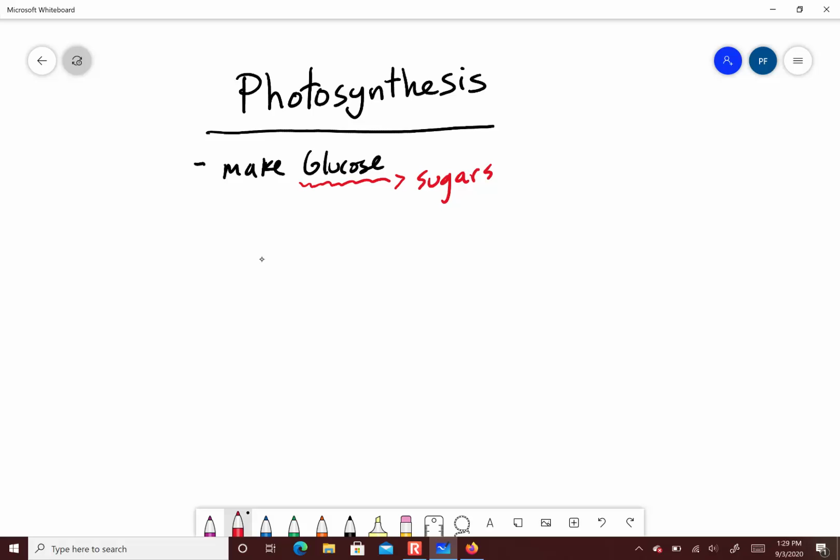It technically makes a little sugar that it can put together and make glucose. So it doesn't matter. Sugar, glucose, same thing. And then also the idea that photosynthesis is used to make food, right? Because that's what the plants are using the majority of this glucose for, is food. All right, so that's our goal.